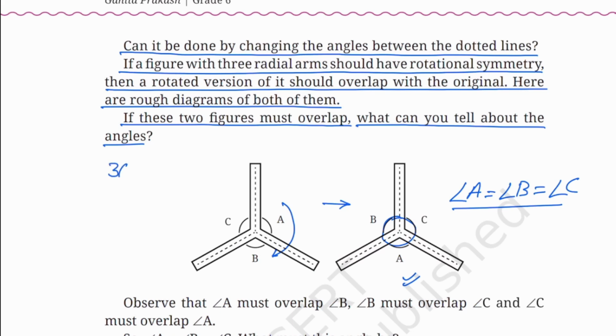Then you have to split 360 degrees, that is the angle at the center or complete angle, in three parts. So each angle will be 120 degrees. So angles of rotation will be 120 degrees, 240 degrees and 360 degrees.